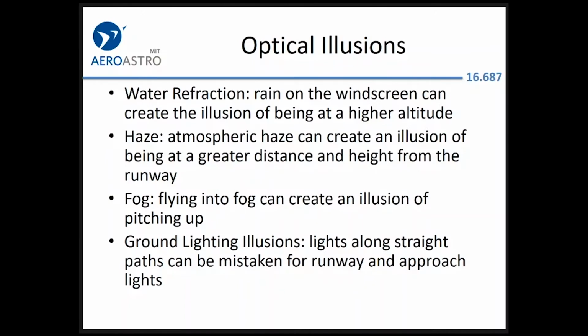Most of these are encountered in IMC, instrument meteorological conditions. You won't face a lot of them in visual flight conditions, but you might face some things like an artificial horizon. Maybe the weather around you is great, but in the distance there's some fog or clouds, and they happen to be at an angle, and you might try to align yourself to that. So just be aware of those types of things.